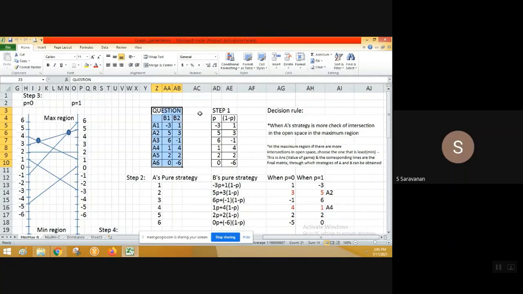I'll give you 1 minute to make note of the question. What I have highlighted is the question. This is very simple. The graphical way of solving game theory is very simple.